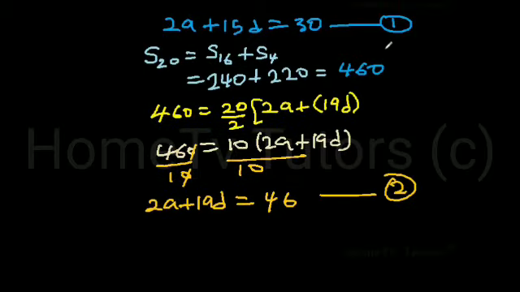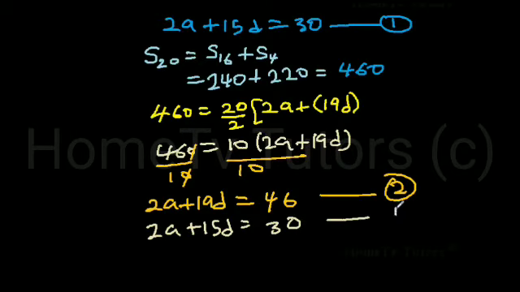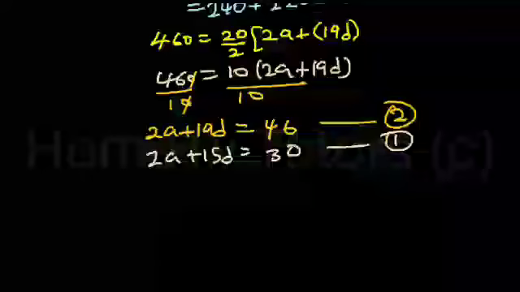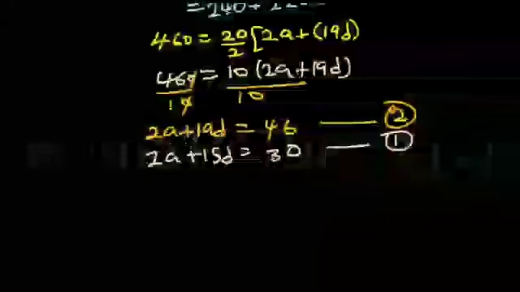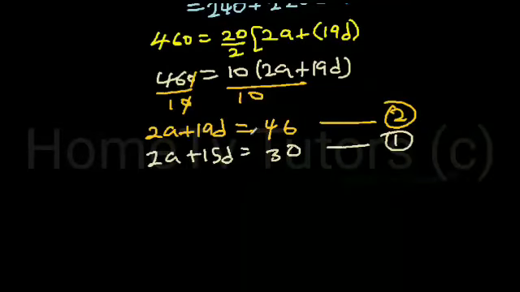Now we subtract equation 1 from equation 2. So let's bring equation 1 down: 2a plus 15d equals 30. The basic logic to this is that the numbers in equation 2 are higher than in equation 1.